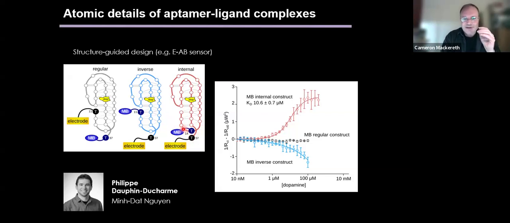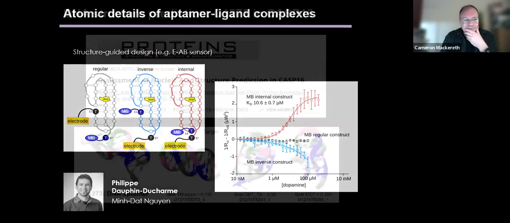So it's quite unusual to put the methylene blue within the sequence of the aptamer biosensor, but in this case, it worked much better. So it shows that already, even in the simple case, you could use the atomic information to better answer how to make the DNA aptamer better.